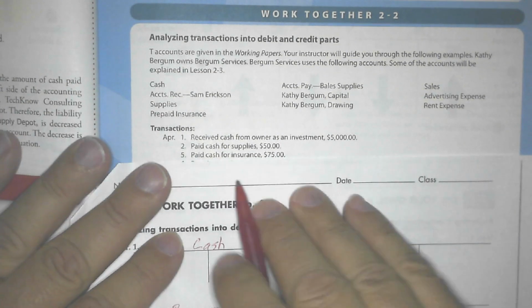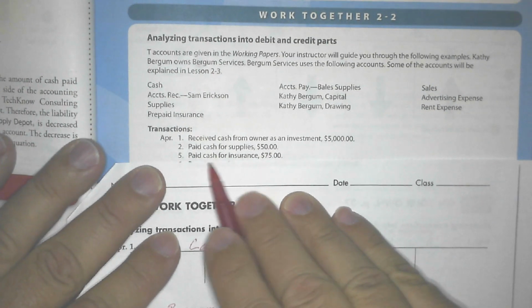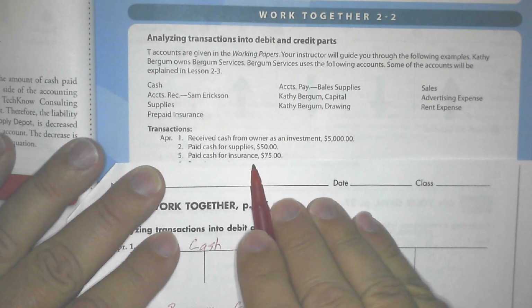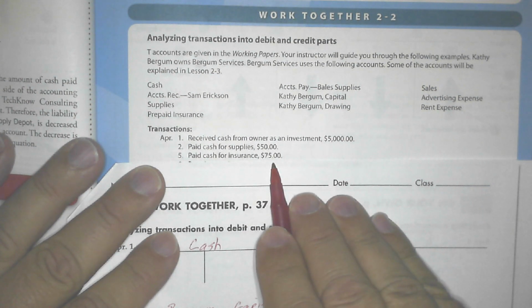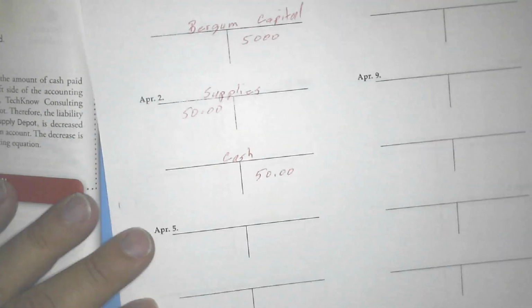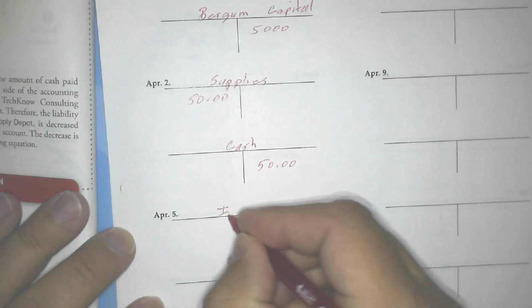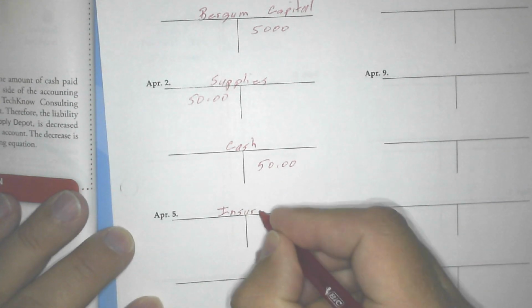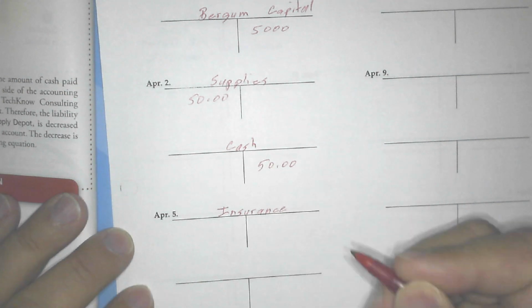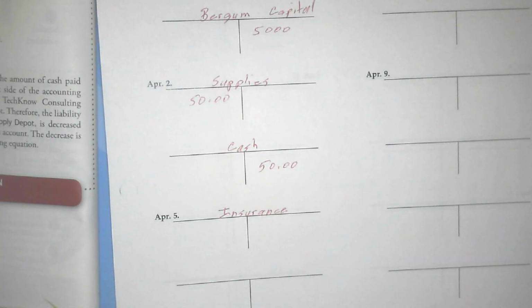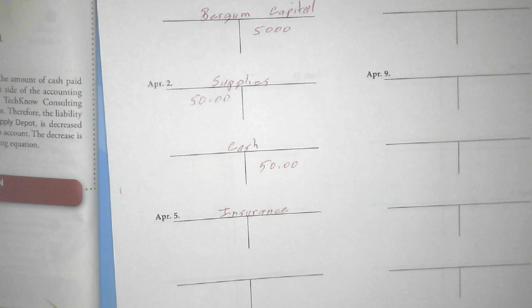Okay, so now we'll go down to April 5th. Paid cash for insurance, $75. So those are our two accounts, insurance and cash. So I'll just go ahead and start with the insurance. Anybody want to volunteer the answer for that one? What's insurance count as? Right, it's an asset.